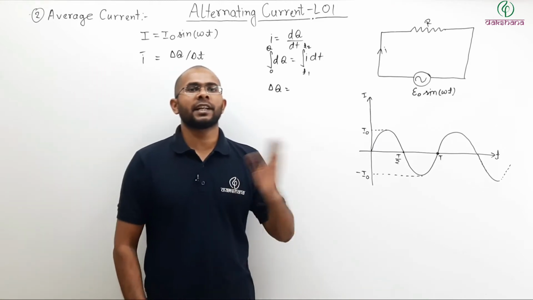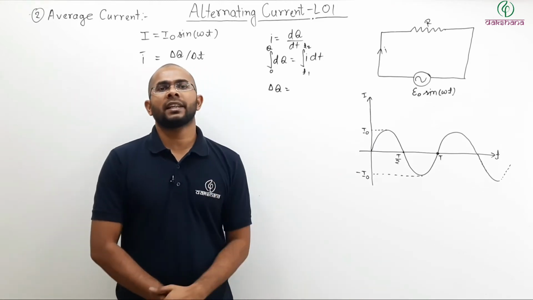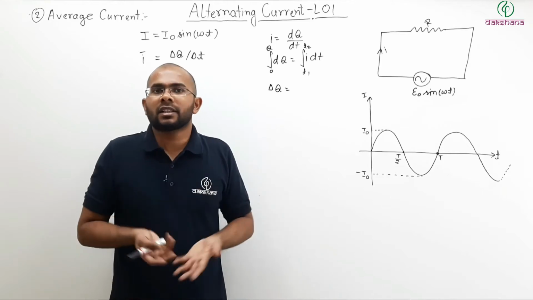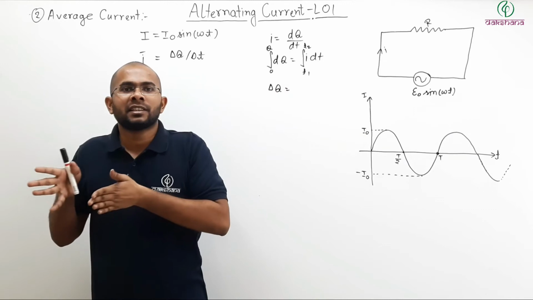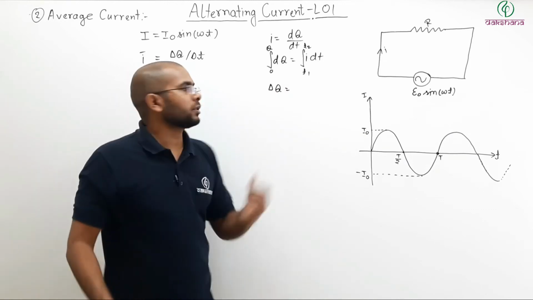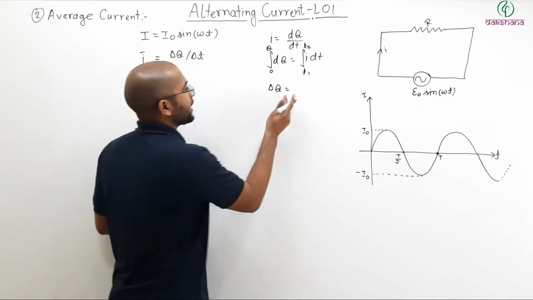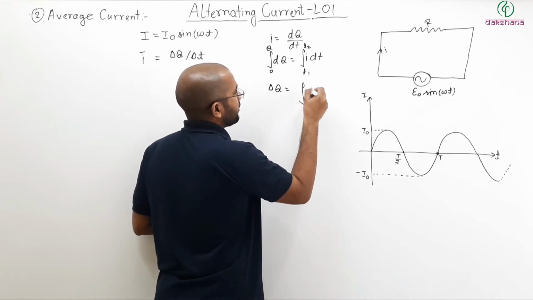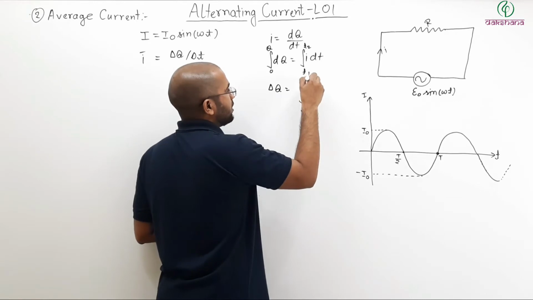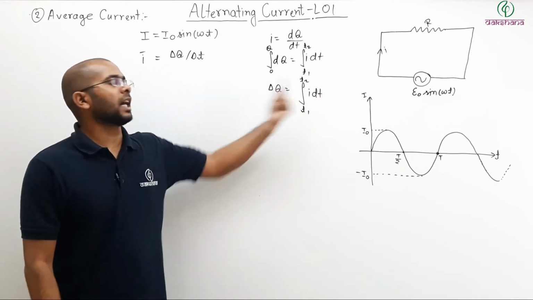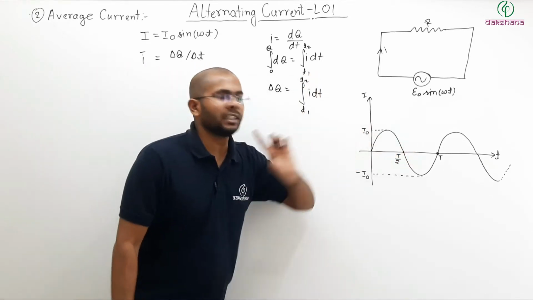If I give you a VT curve, area under the curve is nothing but integration of V dt from T1 to T2. So that's how we are doing it. So delta Q will be nothing but integration of I dt. This is your area under the curve from time t1 to time t2 of the IT curve.